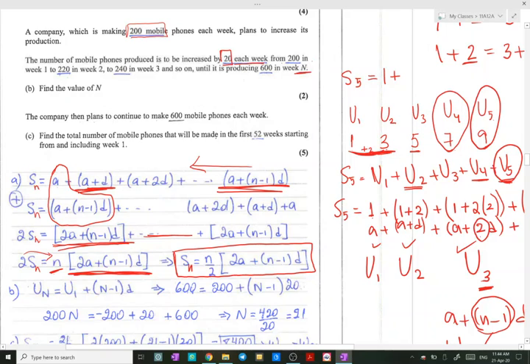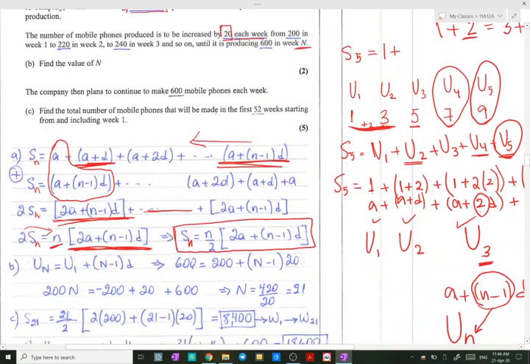Find the value of n. Since we know that we have an arithmetic sequence here, we need to find in which week we're going to reach 600 mobile phones.